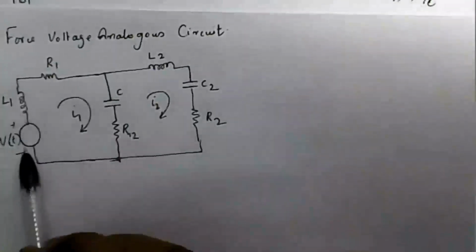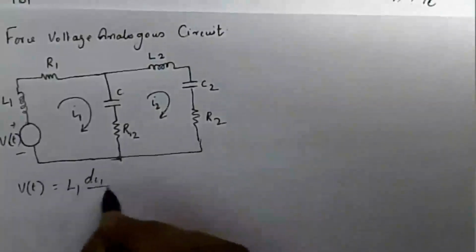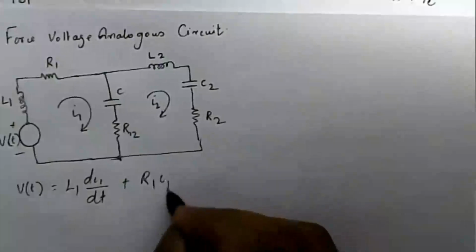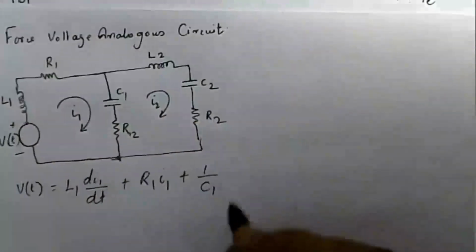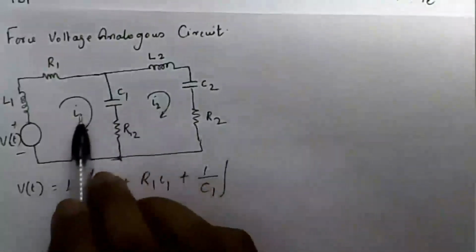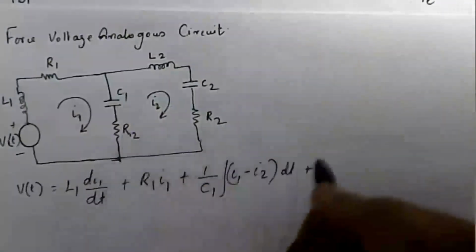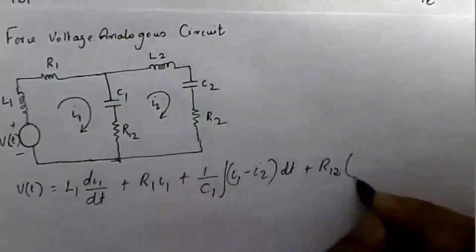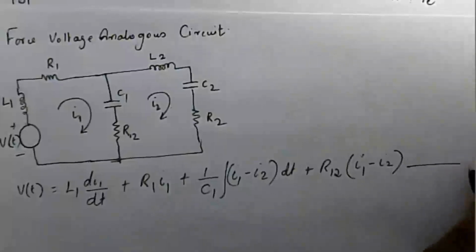The mesh equation becomes E of t or V of t is equal to L1 into di1 divided by dt plus R1 into I1, the voltage across the resistor, plus 1 by C1 integral, this is common, so I1 minus I2 into dt, plus the resistance R12 into I1 minus I2. This is taken as equation number 5.